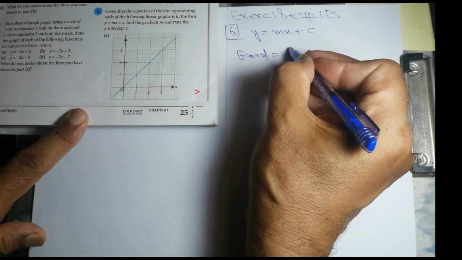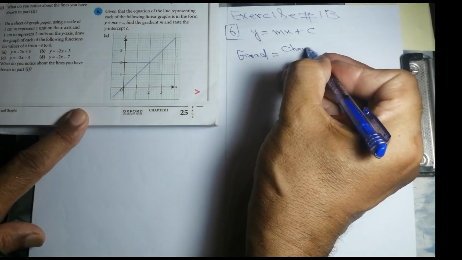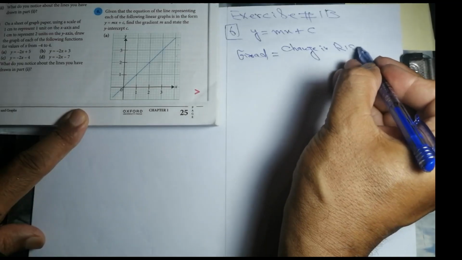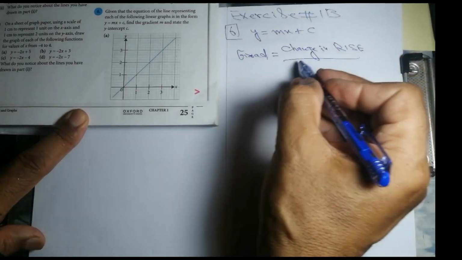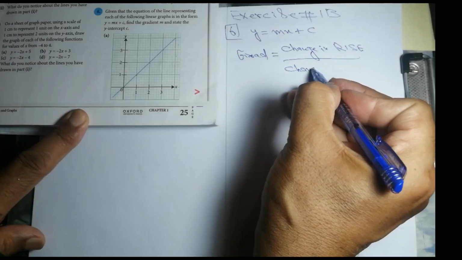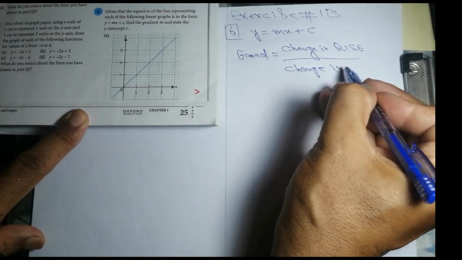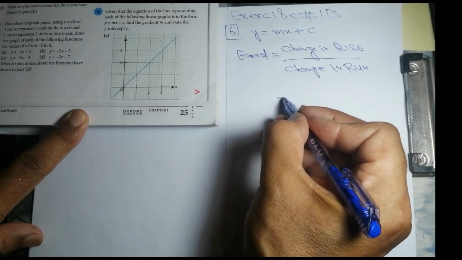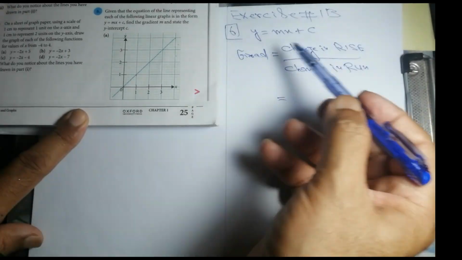Gradient equal to change in rise over change in run. So what is the rise, the change in rise?